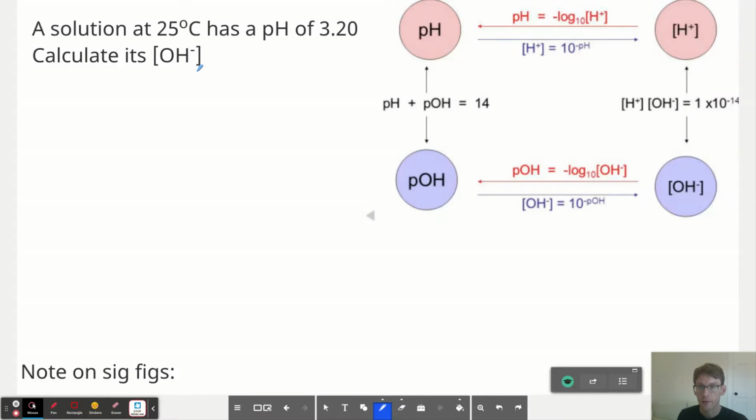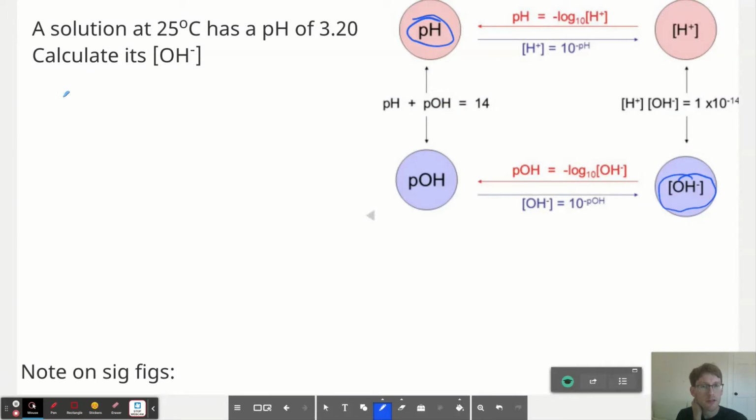So in this case, we're asked for a 2-step calculation because we've got the pH of 3.20. We're starting here and we're getting here to the concentration of OH minus. And there are 2 paths that we can go by. So let's actually start by going down and then to the right.